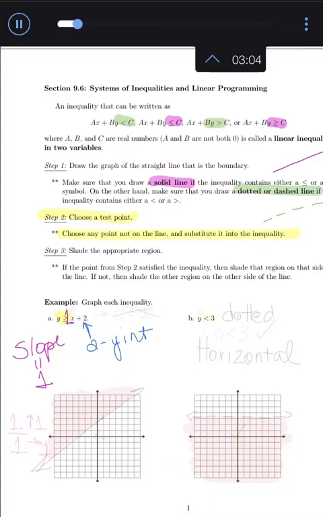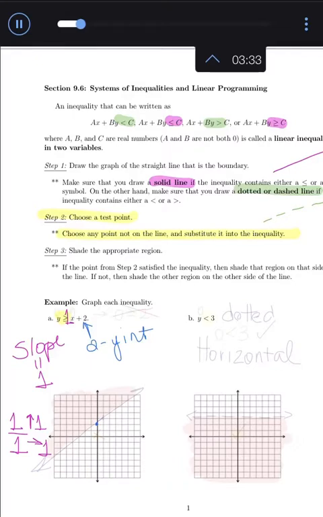So remember, to graph lines, we start out by graphing the y-intercept, which is, in this case, 2. So we'll go up to 2 on the y-axis and plot our point. Then we'll use our slope, which is 1. So we'll rewrite that as 1 over 1, which means we have a rise over run, which means we'll go up 1 and right 1.